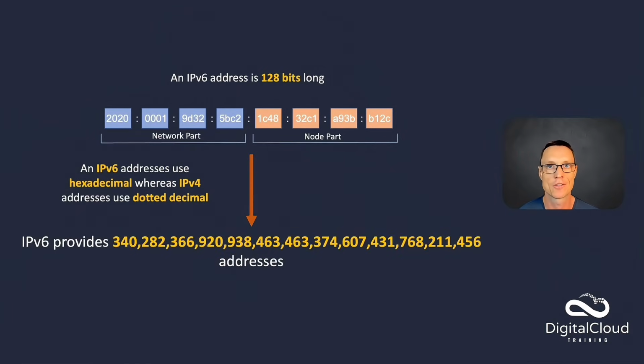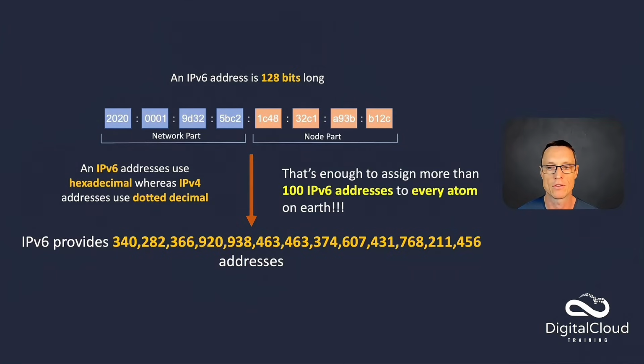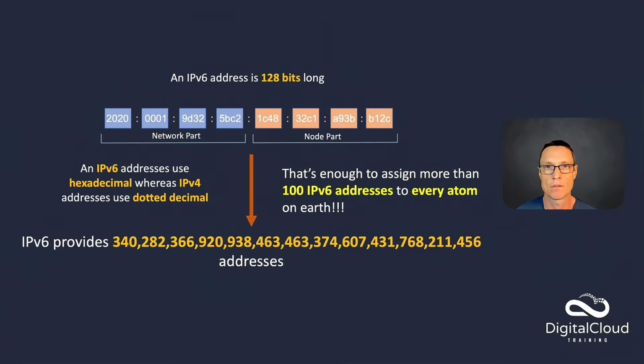So they're kind of hard to remember, much harder than IP addresses. Now, this is the number of potential addresses that could be used with IPv6. And apparently it's enough to assign more than 100 addresses to every atom on Earth, which is just insane. So it's a really huge address space. We can use IPv4 and IPv6 addresses in AWS, for example, in a virtual private cloud.